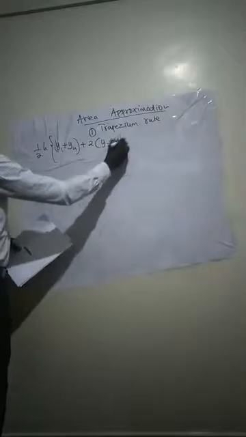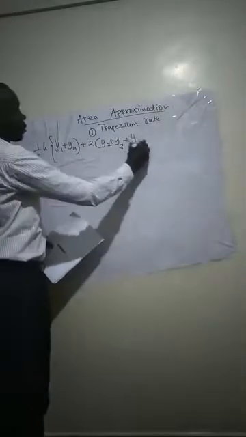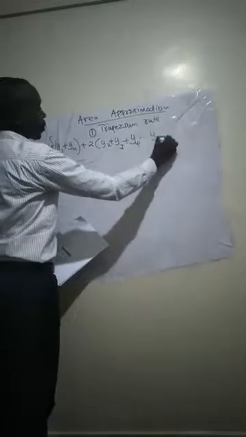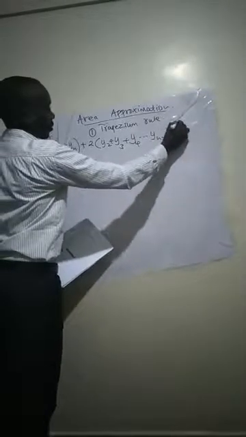You have half of h, (y1 + yn), close the brackets, plus 2 into (y2 + y3 + y4, all the way to yn minus 1). I will demonstrate shortly what that exactly means.